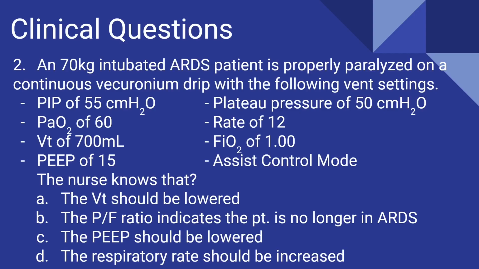So the nurse knows which of the four following: the tidal volume should be lowered; the PF ratio indicates that the patient is actually no longer in ARDS, remembering that PF ratio is the partial pressure of oxygen in comparison to the FiO2; the PEEP should be lowered; or the respiratory rate should be increased.